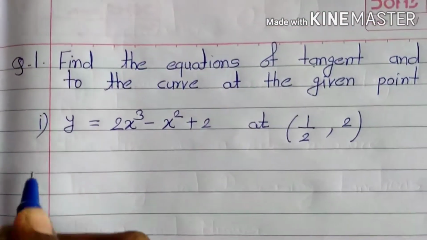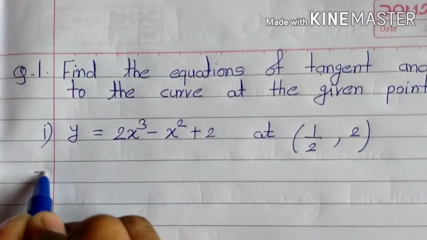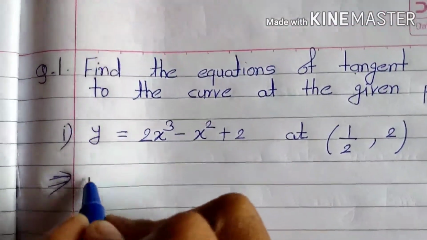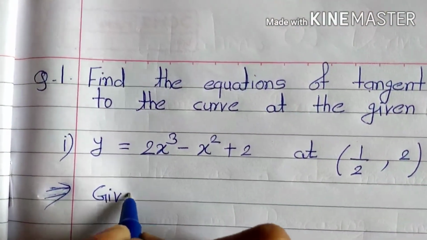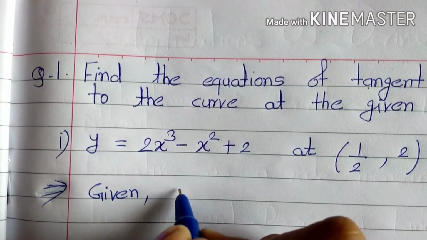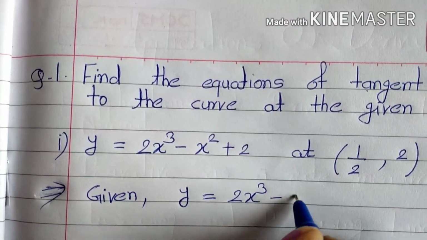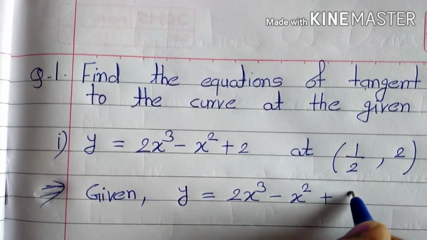So let us start to solve. First write here given y is equal to 2x cube minus x square plus 2.